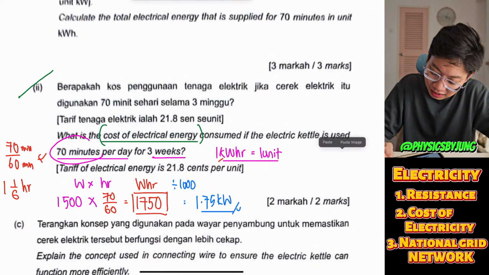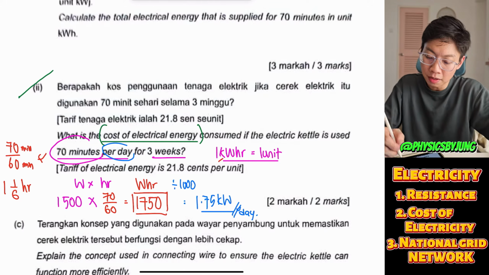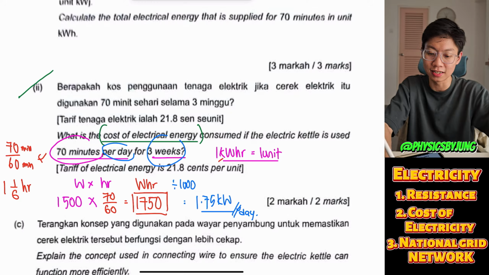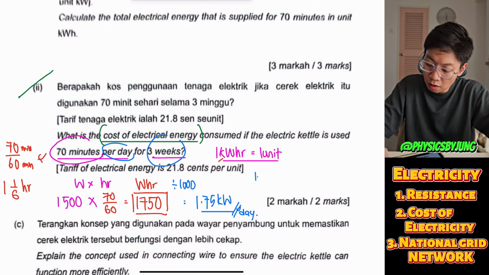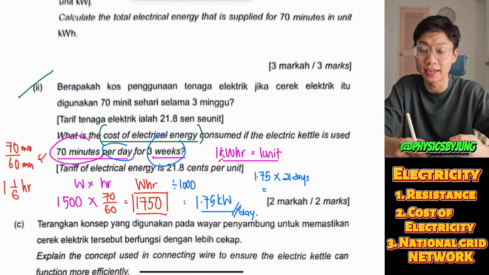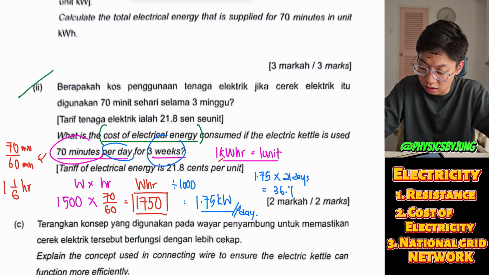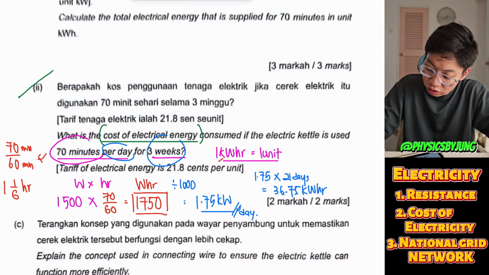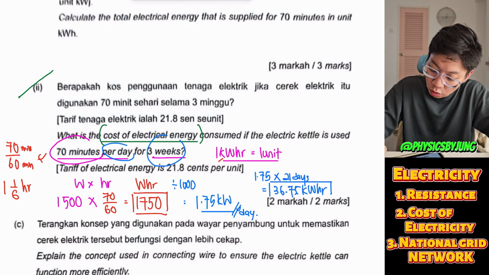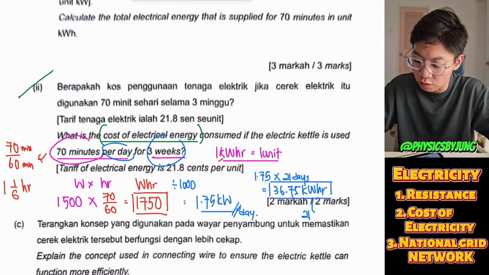So this is always per day. But now we want to look for 3 weeks. So 3 weeks is actually equivalent to 21 days. So I'll take 1.75 times 21 days to get 36.75 kilowatt hour. So this 36.75 kilowatt hour is already for 21 days.